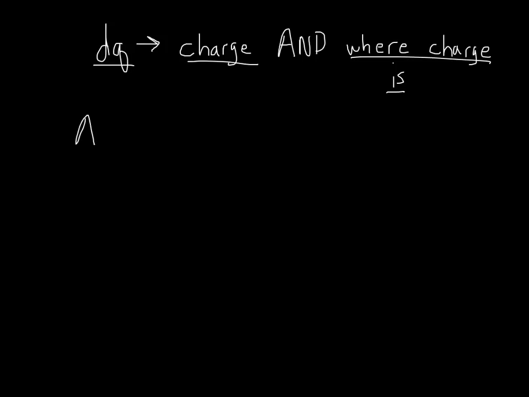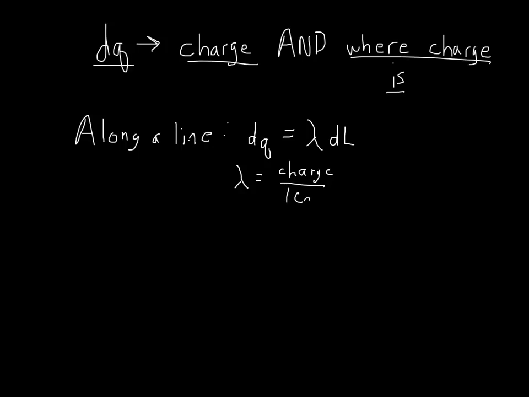If the charge is along a line, then we're going to have this differential charge dq equal to something called lambda times dl, where lambda is equal to the amount of charge you have on something divided by the length, and dl is a little piece of length.